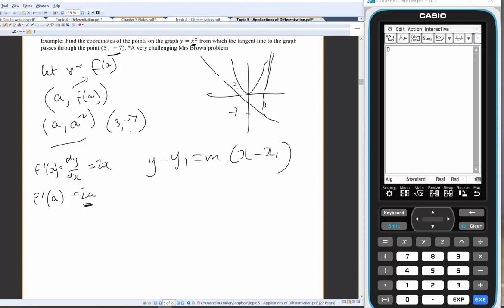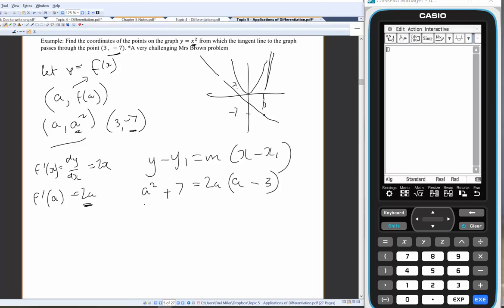Now, what are my y values? Well, I've got a squared plus 7, that and that. Our gradient is 2a, and x is going to be a take 3.